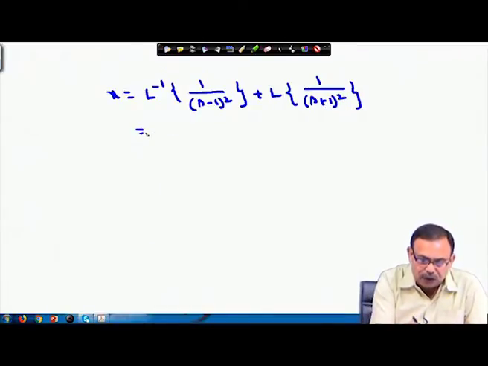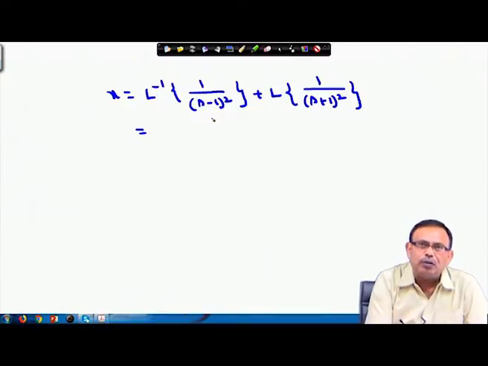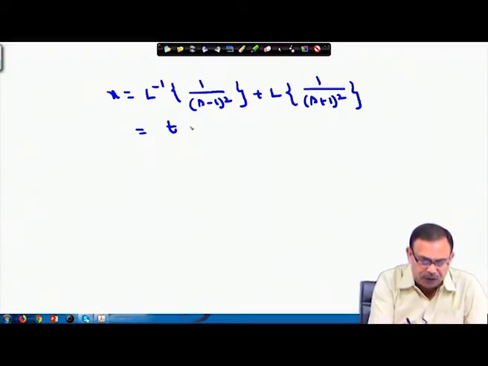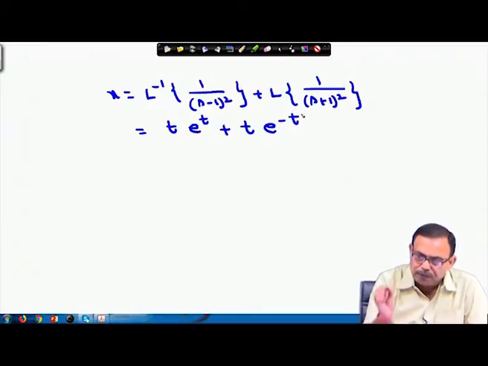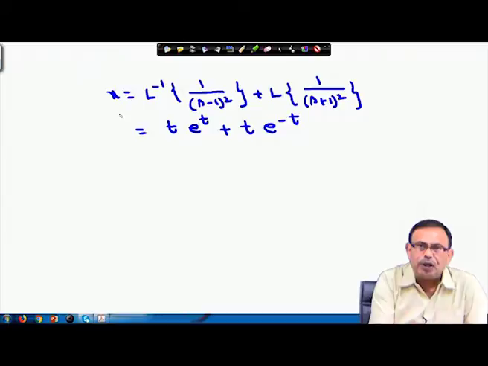I am writing it directly because e power t into 1 by s square will come using that property, since we are almost going to the end of the Laplace transform. So, directly I can write this will be t into e power t, and plus t into e power minus t. So, you see now I obtained the value of x as t e power t plus t e power minus t.